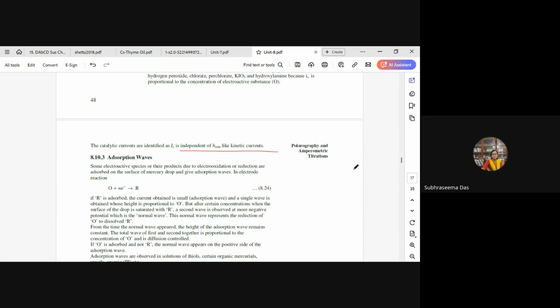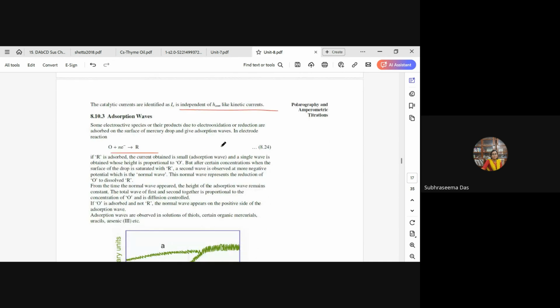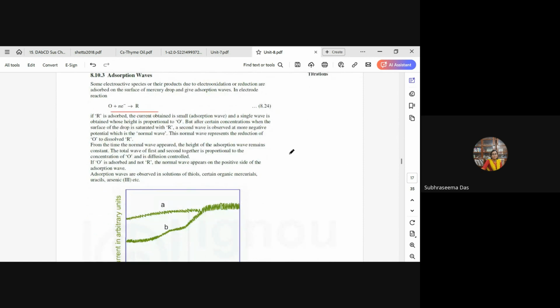Then coming to adsorption waves, some electroactive species or their products, due to electro-oxidation or reduction, get adsorbed on the mercury drop. In such cases, in equation 8.24, if R is adsorbed, then the current obtained is small and a single wave is obtained whose height is proportional to O. From the time the normal wave appears, the height of the adsorption wave remains constant.